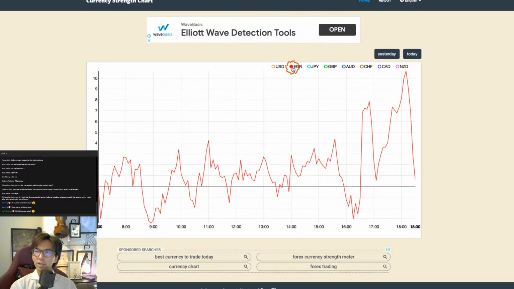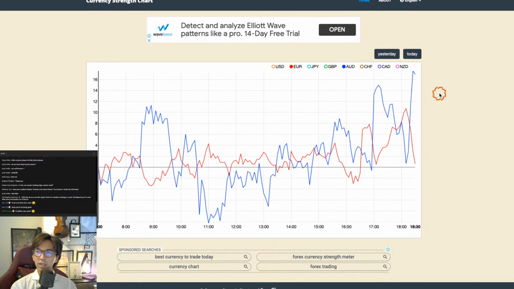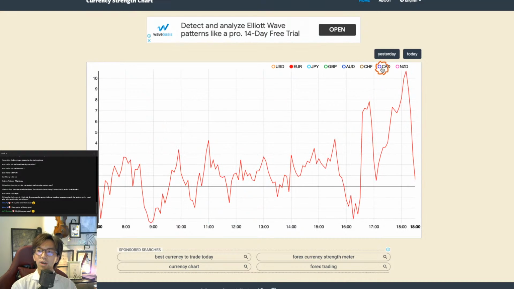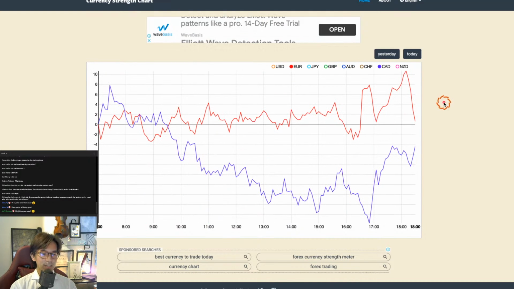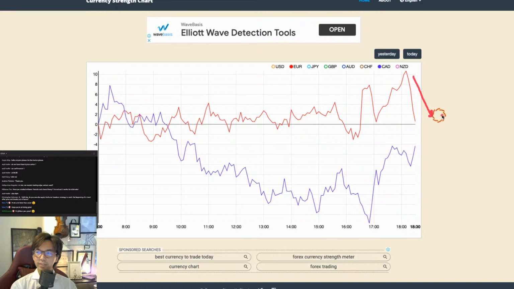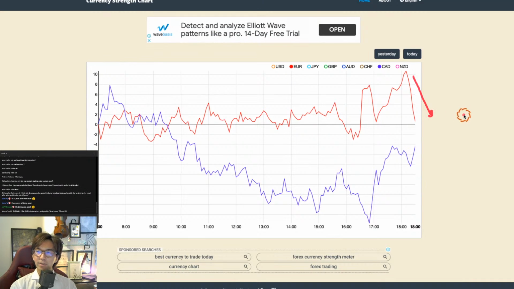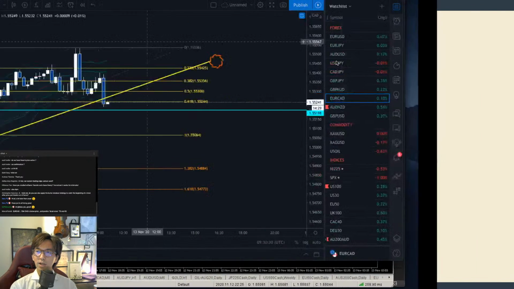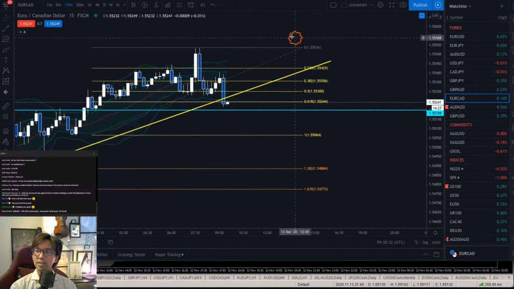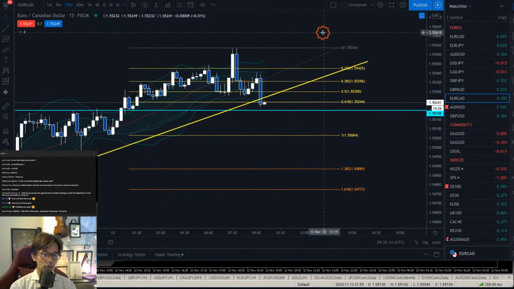Hold on, let me pick up the Euro and CAD only. And I can find that the Euro is going down right now. So because of weak Euro, this is going down at the moment. So I guess Euro pair is going down in a short term right now.